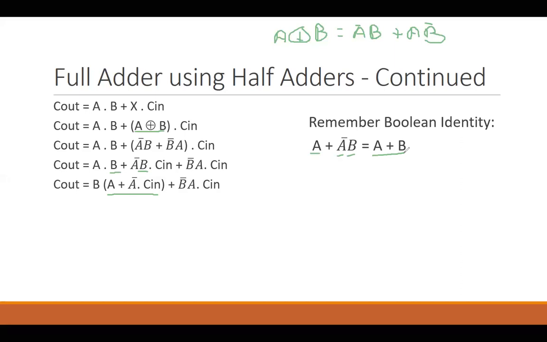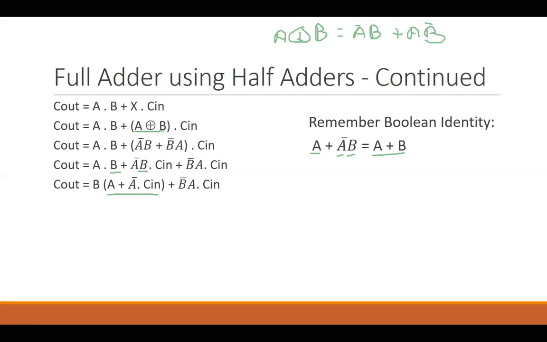I'm sure you can do this, but this is a Boolean identity which I'm going to use here to simplify my expression. So remember this Boolean identity, there is an example in the book as well, which is referring to this Boolean identity. So it might come in handy when you're simplifying your exam style questions as well.